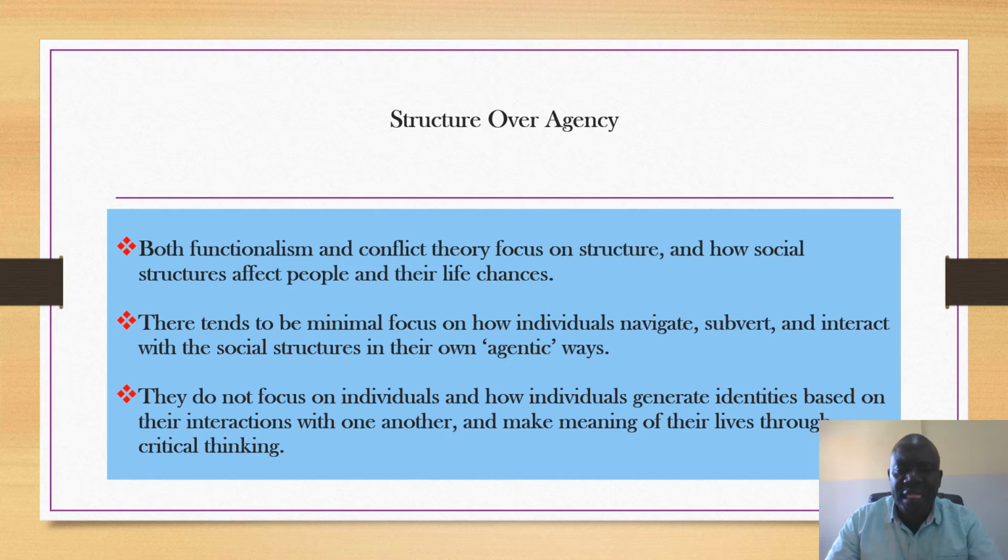Instead, their focus is how institution A is interacting with institution B. They don't look at how members of institution A interact with each other, or how a member in institution A interacts with a member of institution B. No, that is not their concern, because they focus more on the structure and not the nitty-gritties that exist between members of a given structure. So that is also a key similarity between the two sociological paradigms.